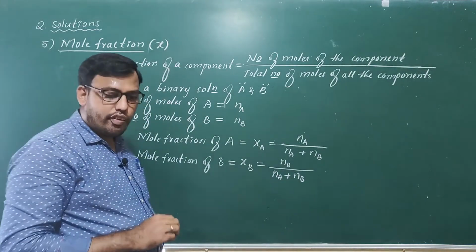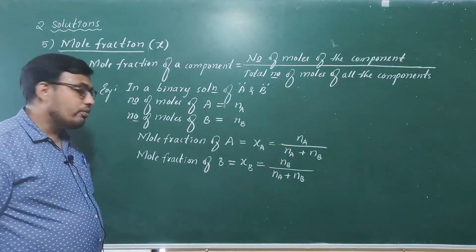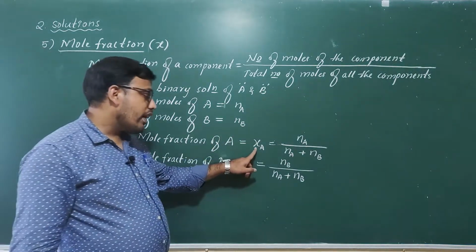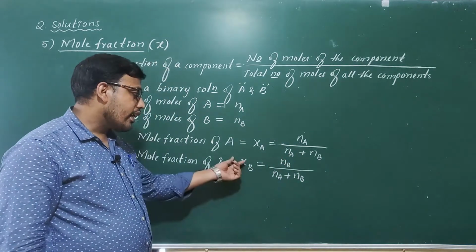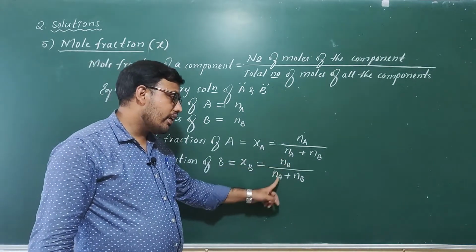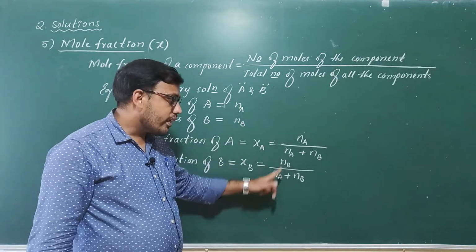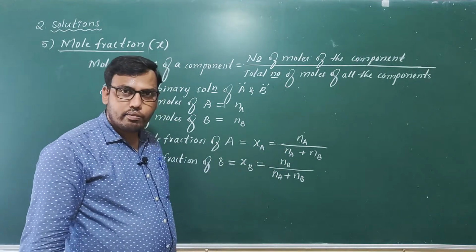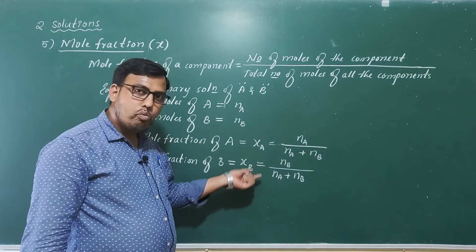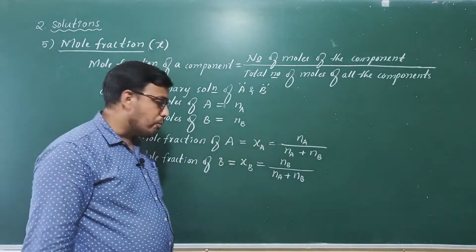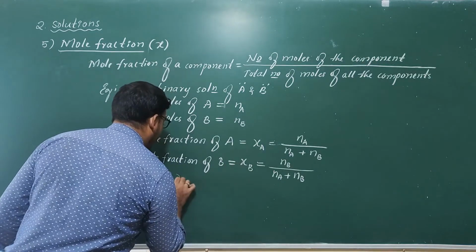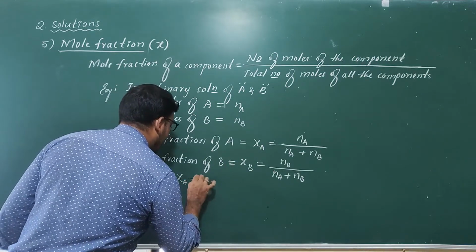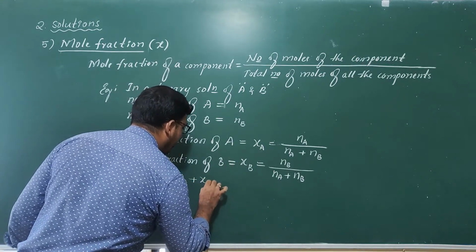So once again if you observe here, we have Xa is equal to Na divided by Na plus Nb, Xb is equal to Nb divided by Na plus Nb. In both the cases the denominator remains the same. So let us add the mole fraction of these two components. So that is Xa plus Xb.